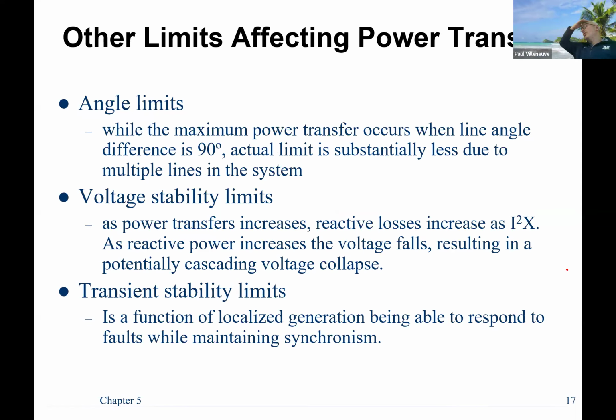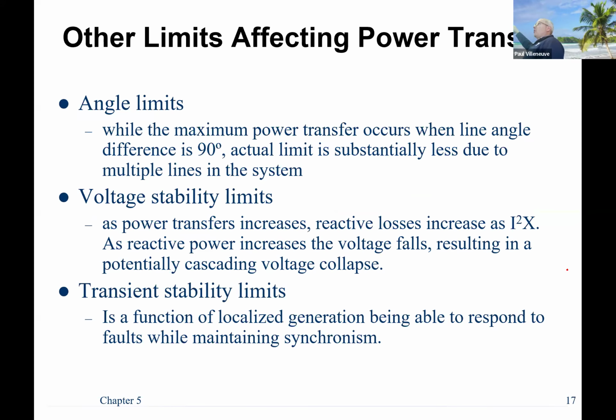We have voltage stability, which means our voltage gets to the point it's so low. They call it a nose curve. And the reason why they call it a nose curve is as you increase the power, the reactive power, so this is Q and this is V, my voltage starts to drop until it drops so much that it collapses. Because remember, a lot of the voltage that you get is because of capacitors on the line.